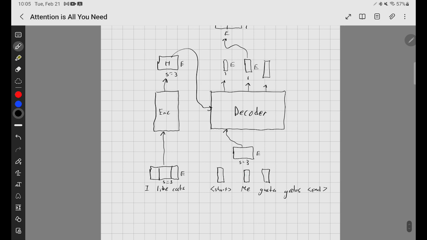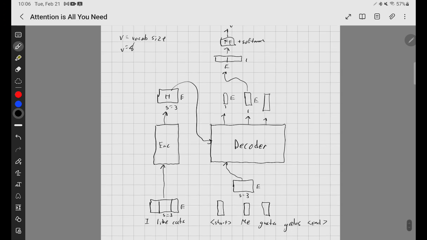So you'll feed this sentence through a total of 4 times. You feed the start token through and get the me token. You feed start me, and you get the gusta token. You feed start me gusta, you get gatos, and you feed start me gusta gatos, you get end, and then you're done. And that's how you generate your sequence.